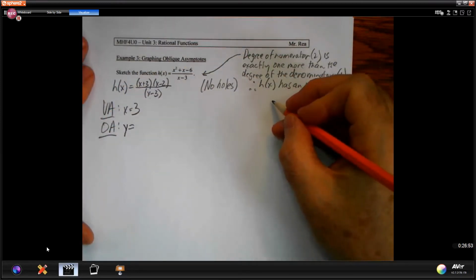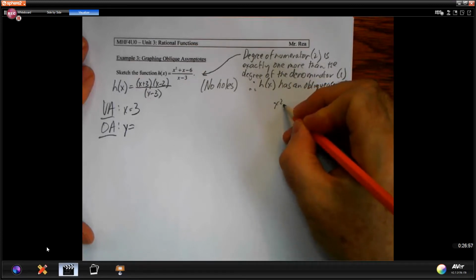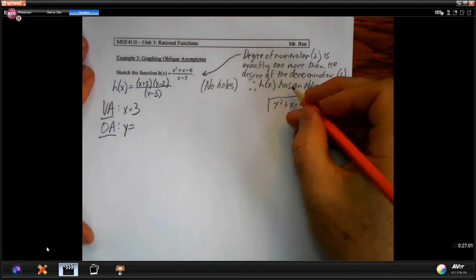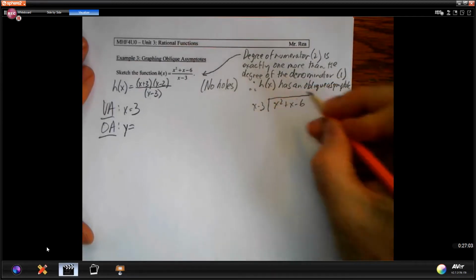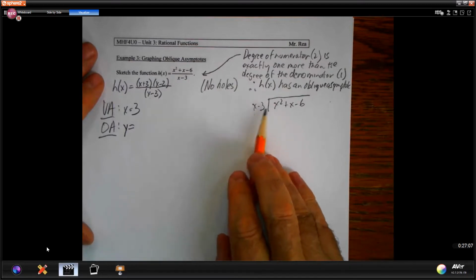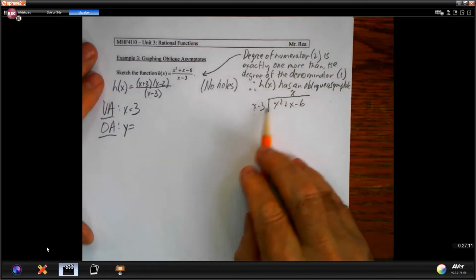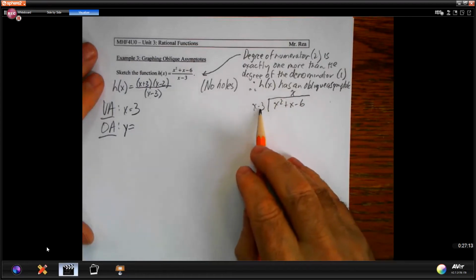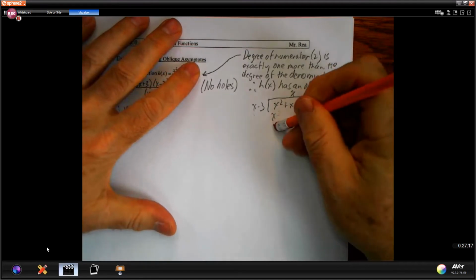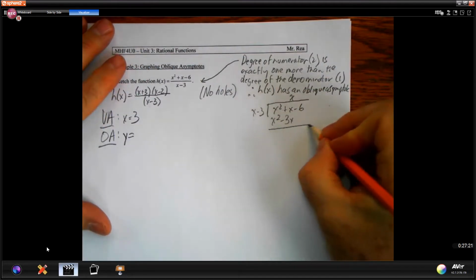So this goes back to our long division of polynomials. So I've got x squared plus x minus 6 divided by x minus 3. Okay, so I have to multiply this x by x to get that x squared. So I put an x there. x times both of these, so that's x squared minus 3x, and then I'm going to subtract.